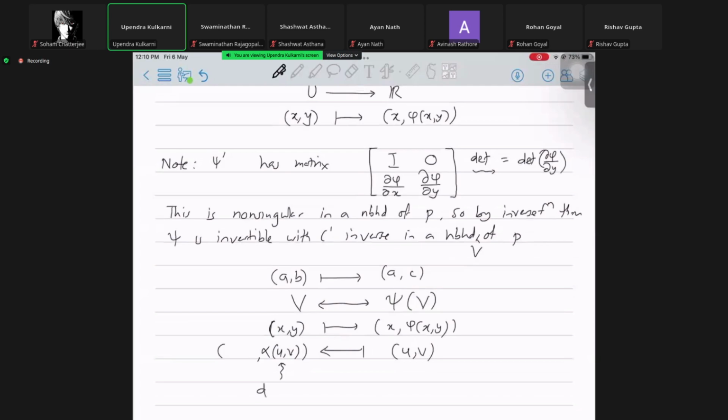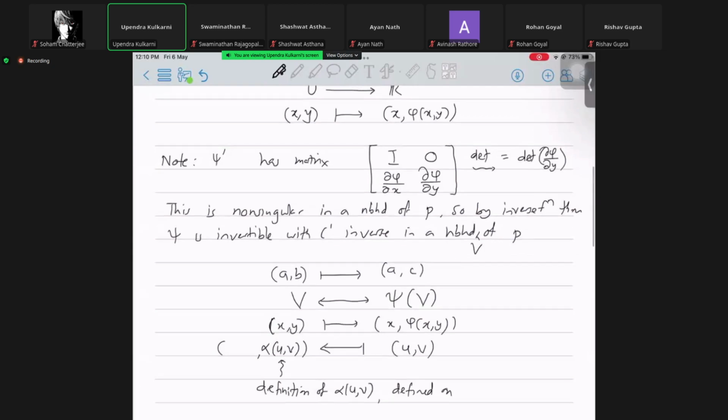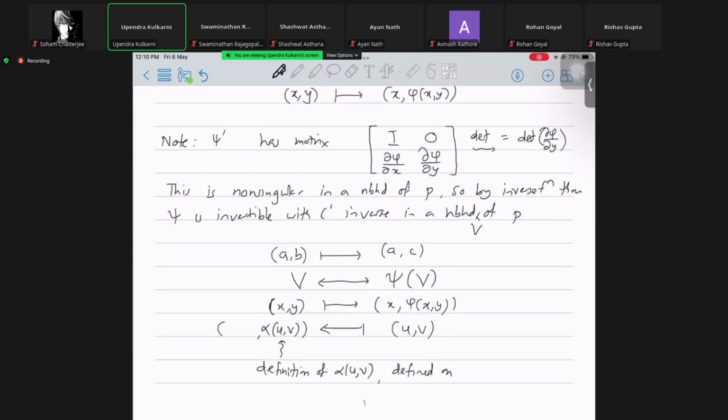So this is the definition of alpha, which is defined on what set? Well, it's defined on psi of V.